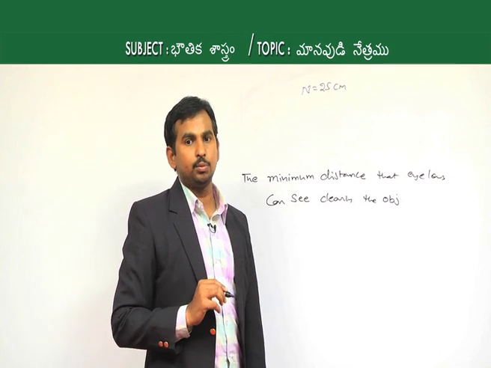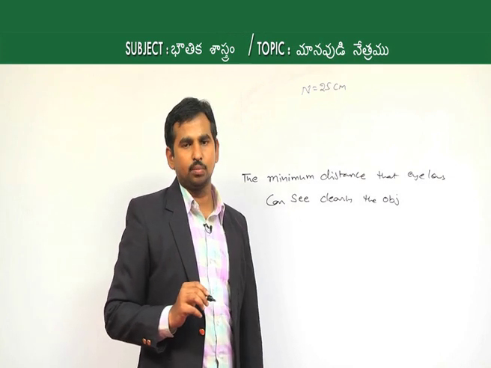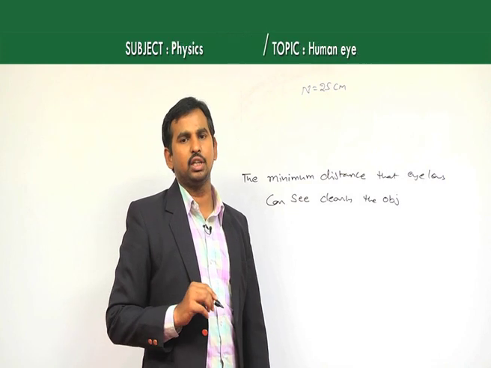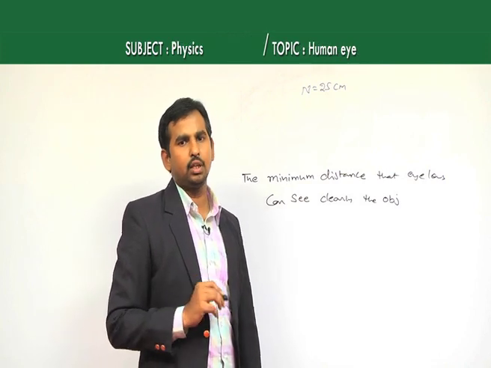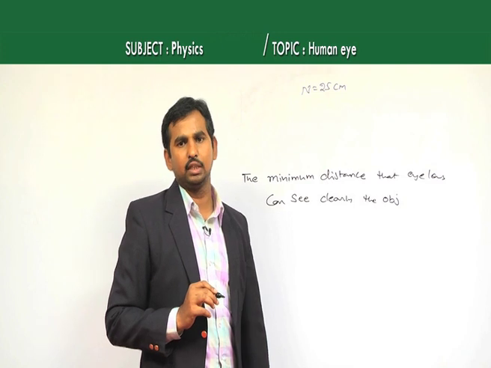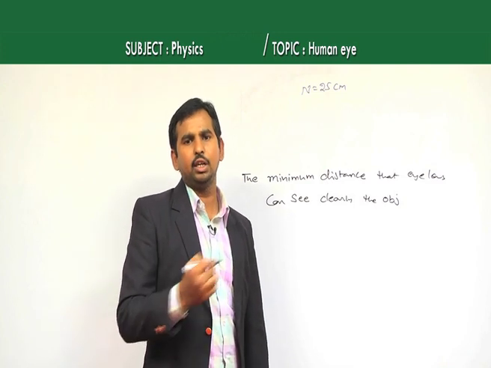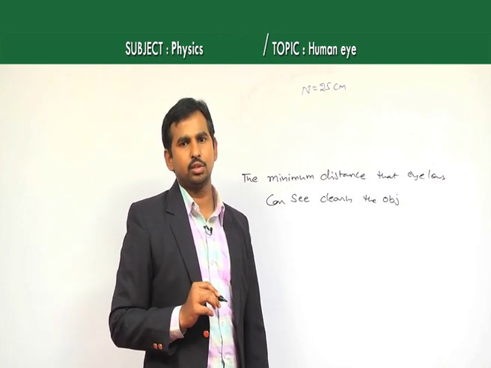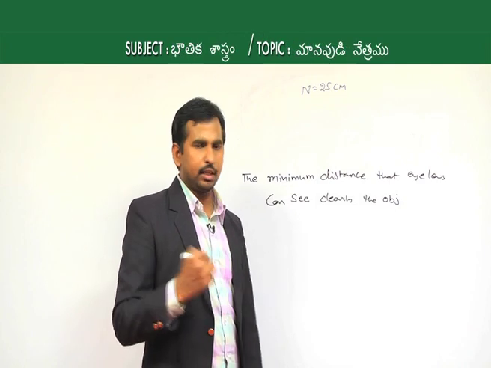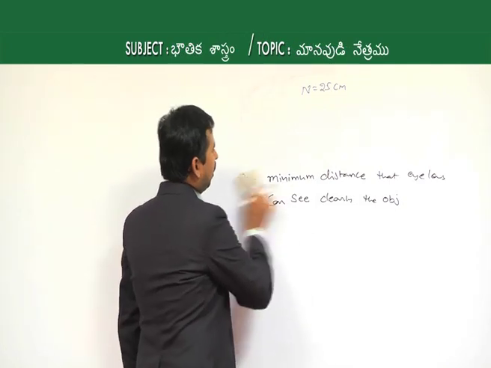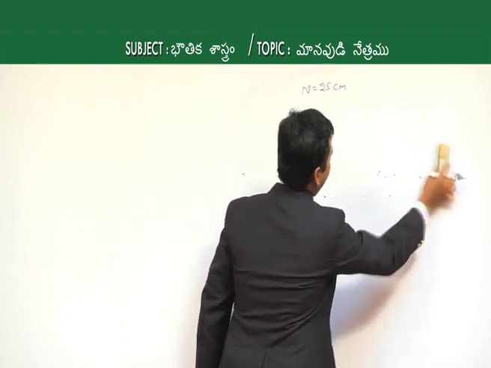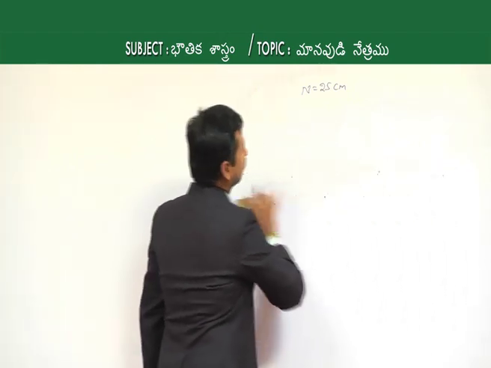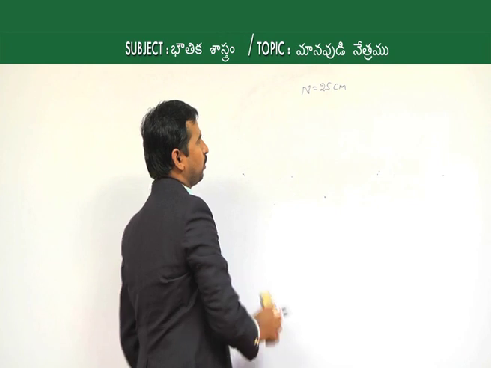If you bring the object much closer, less than this 25 centimeters, our ciliary muscles cannot adjust the focal length any less here. We have a limit for the ciliary muscles to adjust the focal length. For example, let us see how much focal length is adjusted by the ciliary muscles when the near point is 25 centimeters.